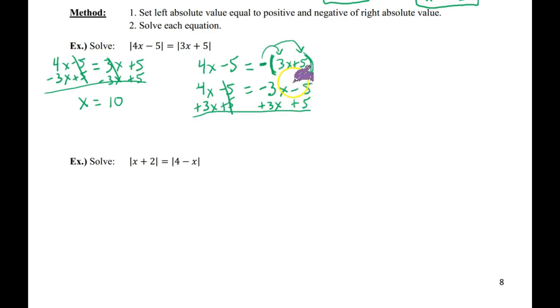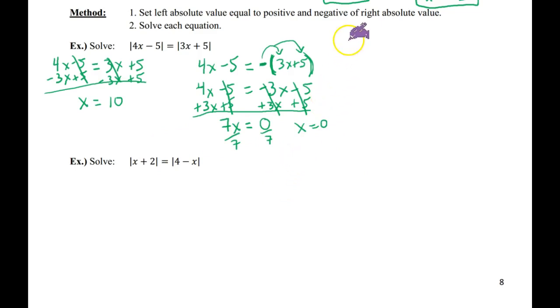Negative 3 minus 3x would also be 0. And over here I have 4x plus 3x, which is 7x, equals 0. So it doesn't just disappear. The right-hand side of the equation is 0. I divide both sides by 7, and 0 divided by anything is still 0.